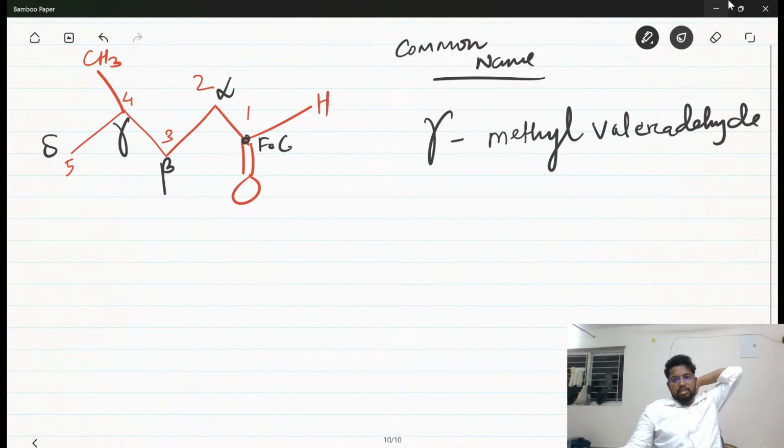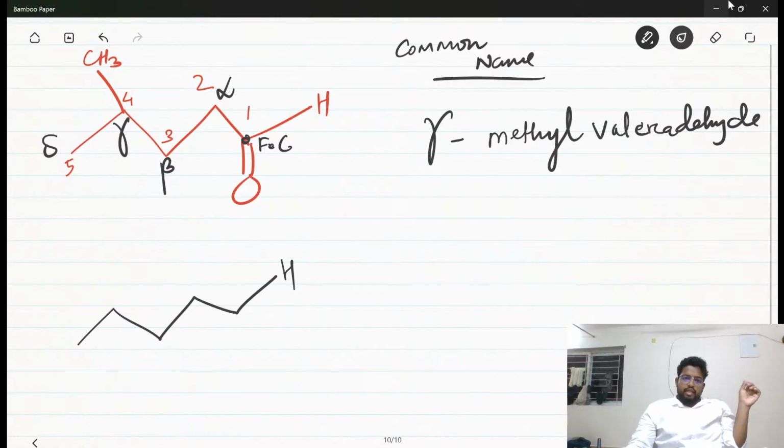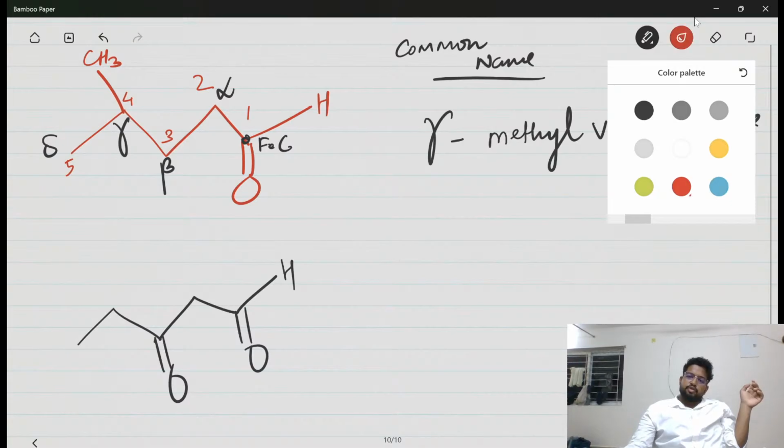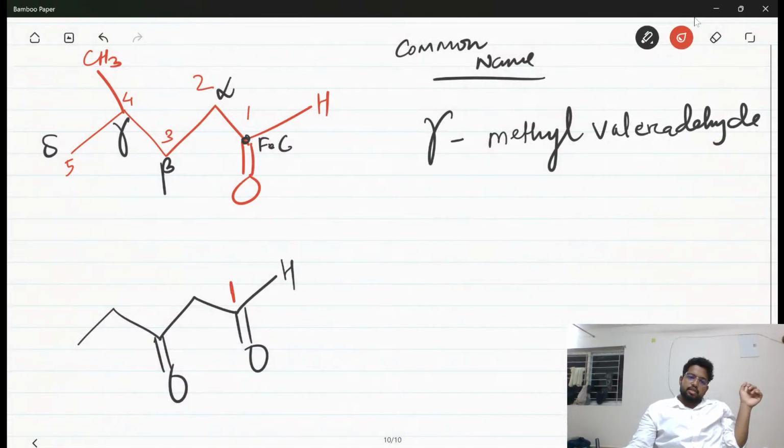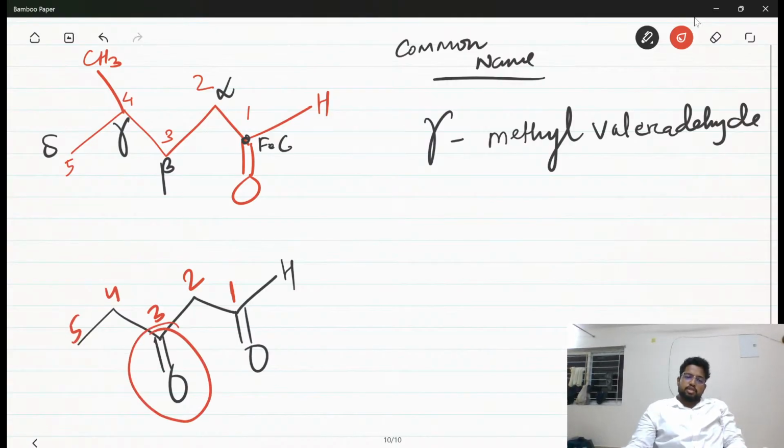Whereas when I draw the structure for you, I need the common name for this one. IUPAC name you can try later. First, if you see the structure, 1, 2, 3, 4, 5, the 3 position has oxo.